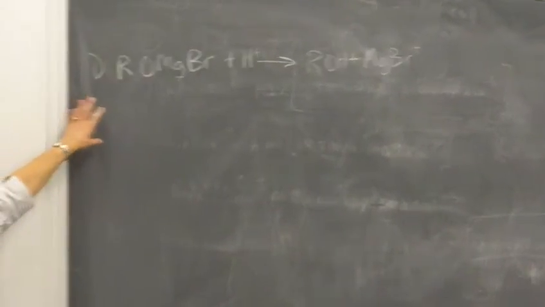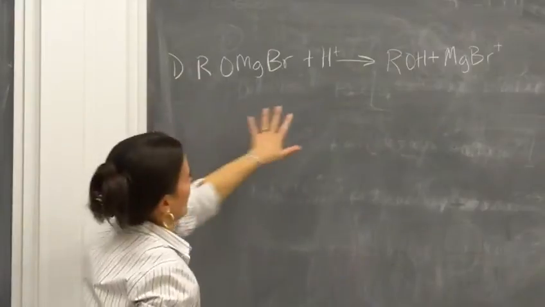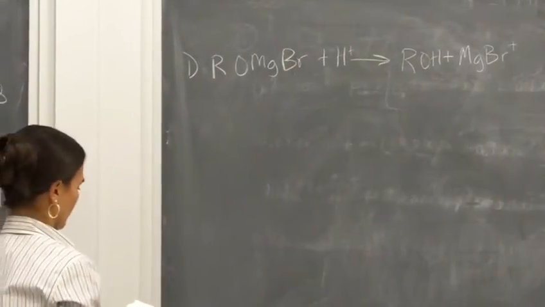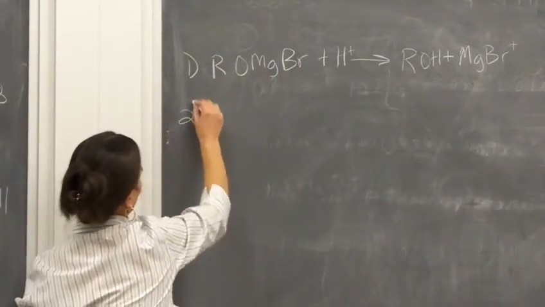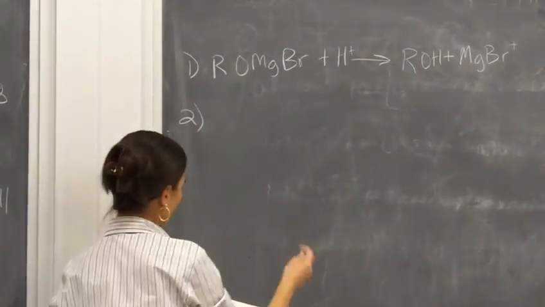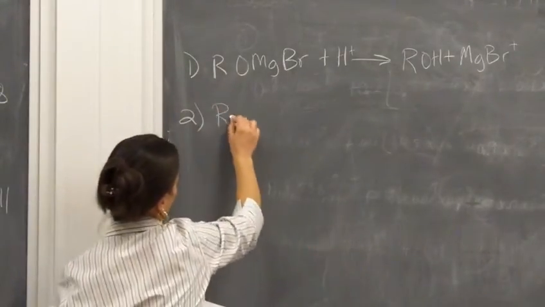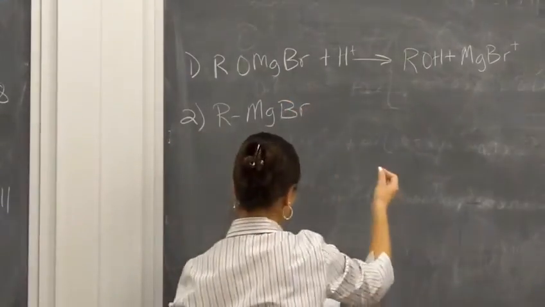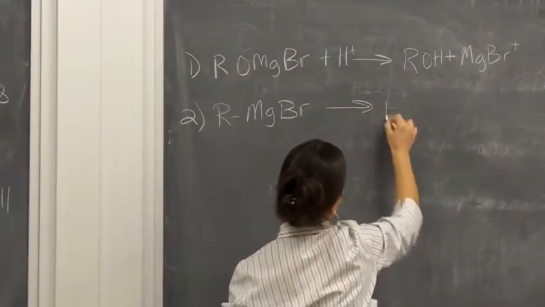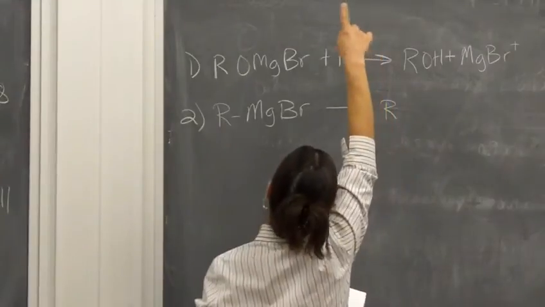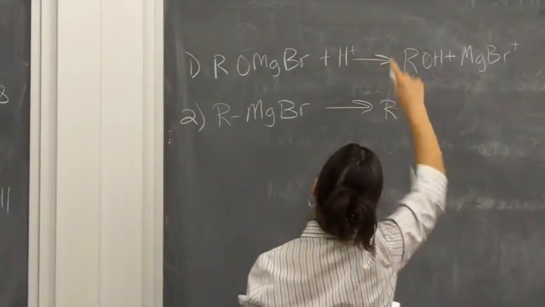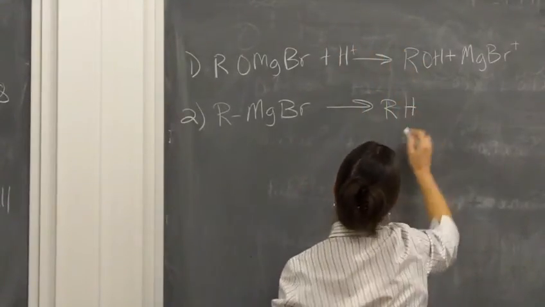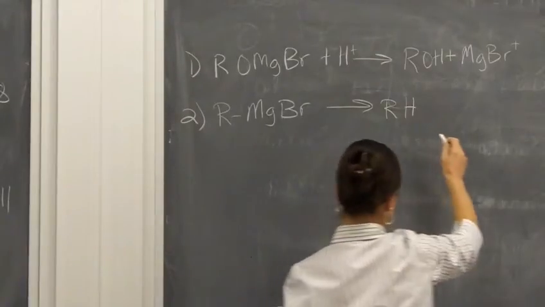It'll pick up a counter ion somehow, but it's all positively charged anyway because of the acid. The other thing that'll happen is if we have any Grignard reagent left over, we're going to kill that because we're adding water and we're adding acid. So the same as what we showed up there with it reacting with water, we'll kill our Grignard reagent.